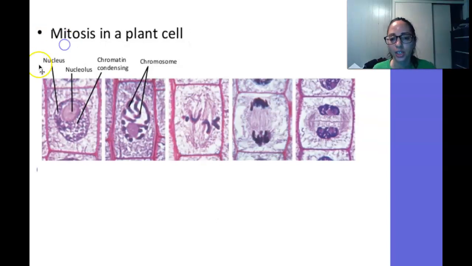If you look over here at the size and the different processes, you're going to see that the cell plate has been created here, and you have your daughter cells here. So the daughter cells are smaller than the parent cell. You see that difference in size? So you need to look closely at that.